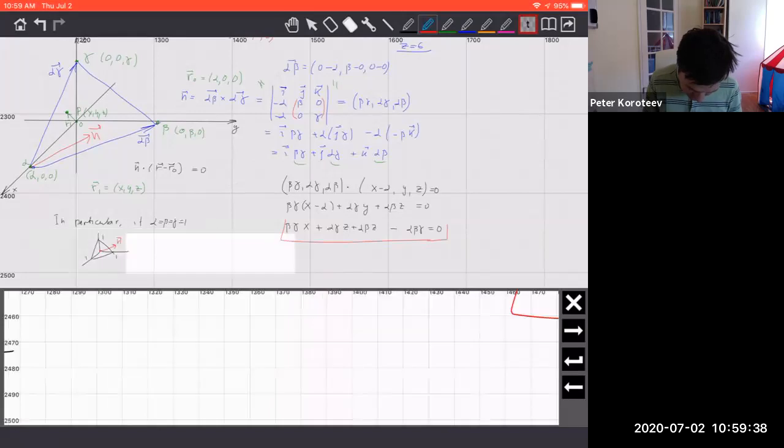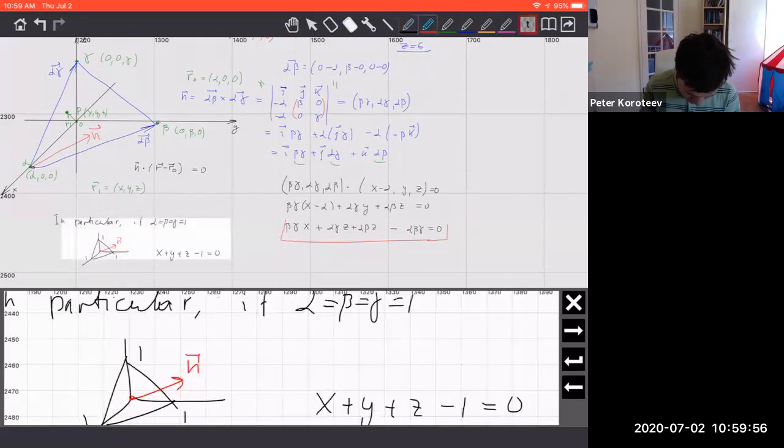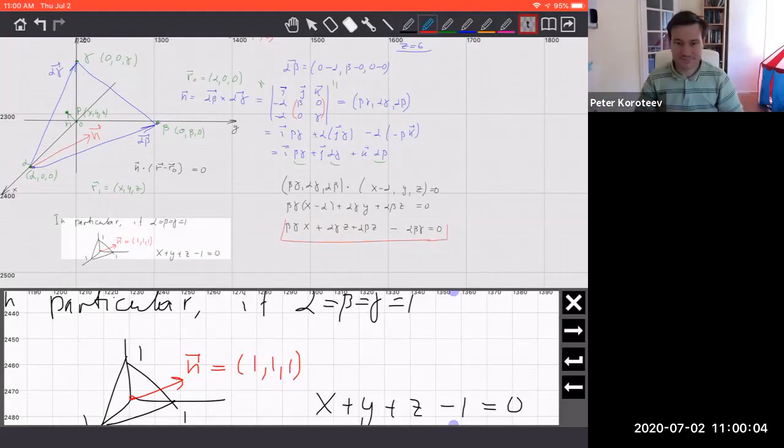Then the equation looks like this: x plus y plus z minus 1 equals 0. And vector n has components 1, 1, 1. So it goes through the first octant, in the middle. Okay, any questions?